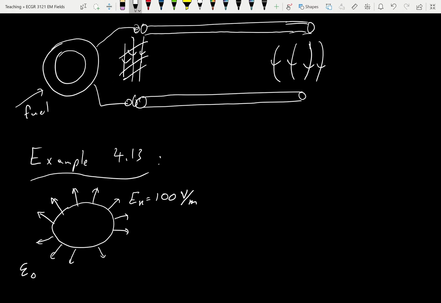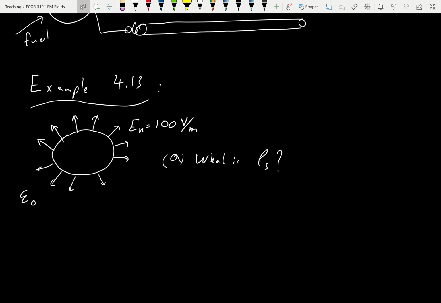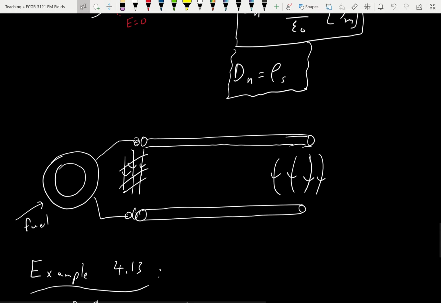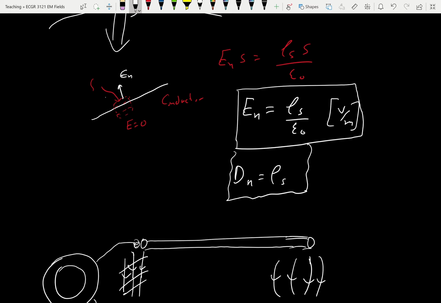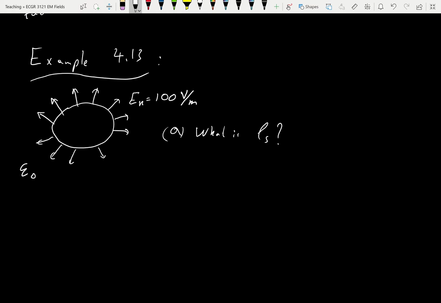So part A asks, what is rho S, the surface charge density? Well, we derived that, right? Rho S is just epsilon naught times En. So rho S equals epsilon naught times En.